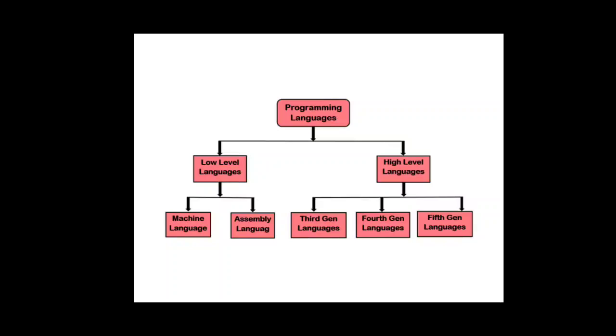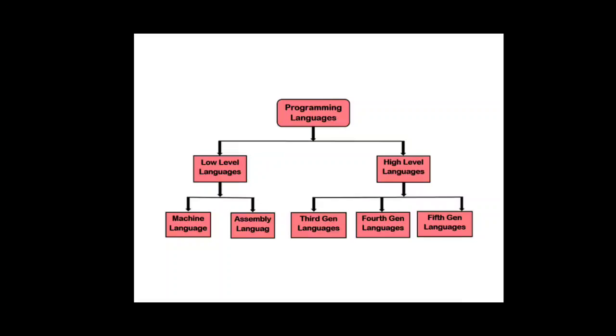And comes the next part, called computer languages. Here we have two types of computer languages: low level languages and high level languages. Under low level languages, we have two categories: machine language and assembly language.